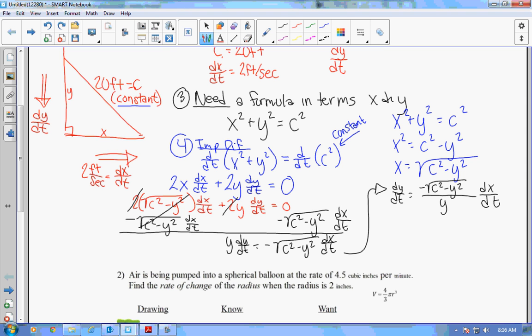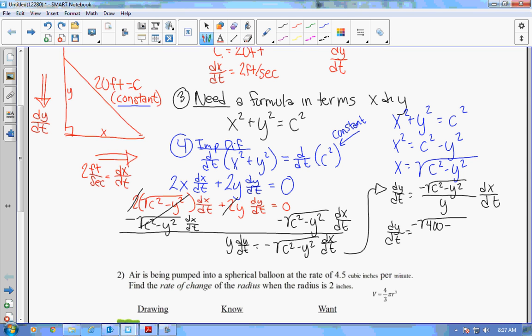Okay, so now we can plug in things we know. We're looking for dy dt, so we don't know that. Minus, what is c? The hypotenuse of 20. And 20 squared is 400. Minus y squared.